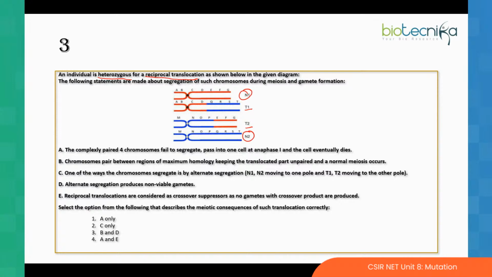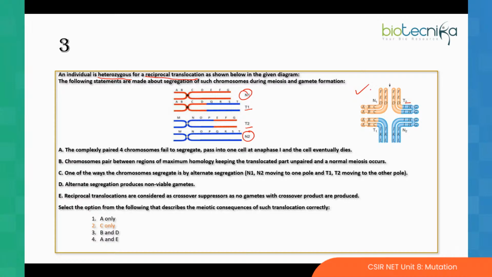Now, when heterozygous reciprocal translocation happens, even without considering the complexity of crossing over, the chromosomes will align with each other like this. Because the translocated chromosomes share parts with both the normal chromosomes, they will form a cross kind of structure, where the translocated chromosome will align with both the normal chromosomes.